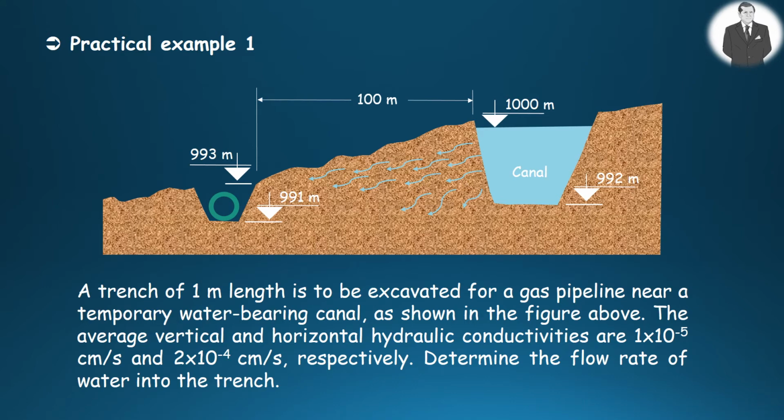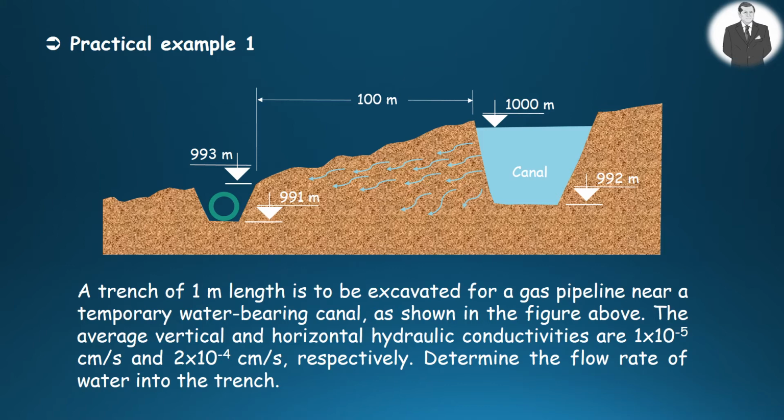A practical example. A trench of 1 meter length is to be excavated for a gas pipeline near a temporary water-bearing canal. The average vertical and horizontal hydraulic conductivities are also given.